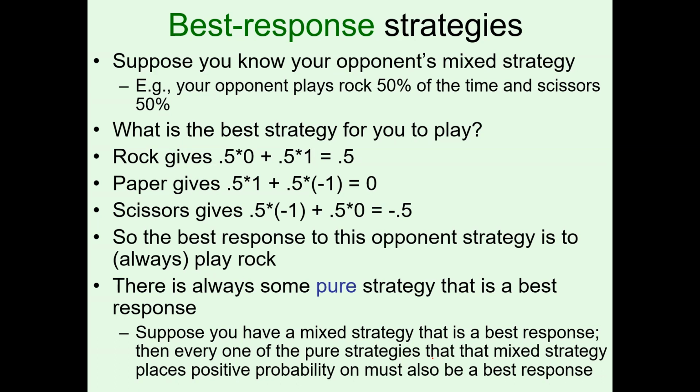A response strategy is, you know that your other player is playing a mixed strategy. Then you can also have a pure strategy that you can respond with. When we say pure, it is only one strategy. Okay?